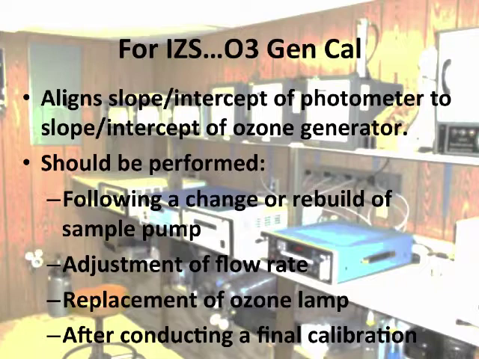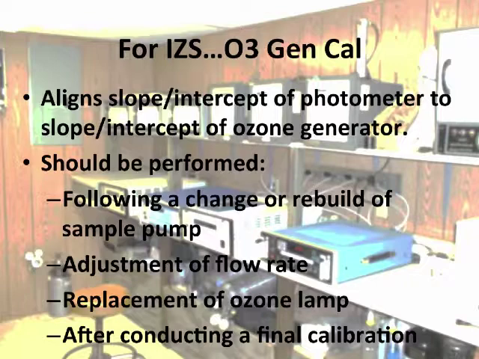So has anyone out here run internal zero span, IZS, ozone? Good amount, okay. For the IZS units, after you perform a calibration, typically you're going to perform an O3 Gen Cal, which is an internal calibration of the unit.